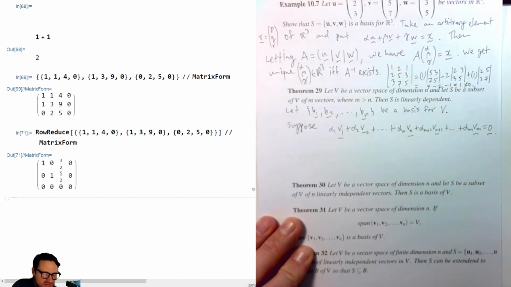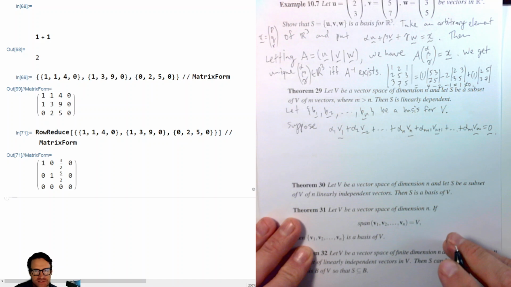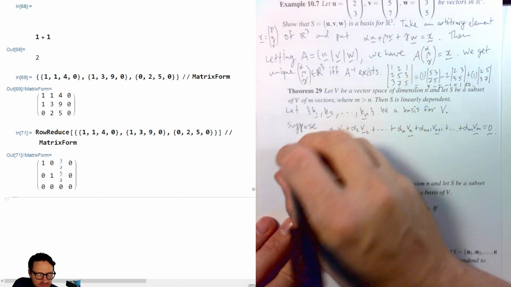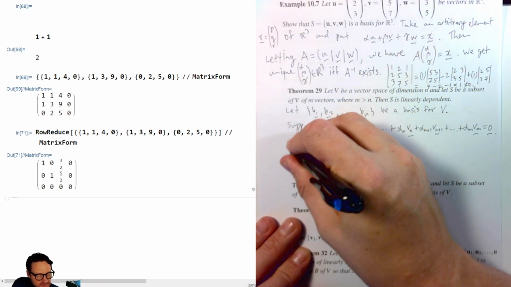Now I'm just abbreviating this, so it's a very loose argument here.